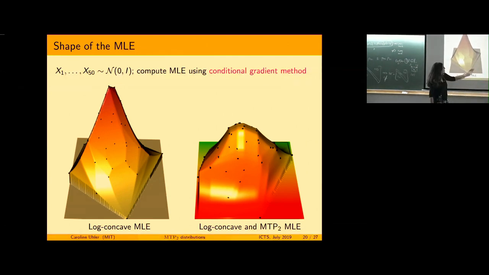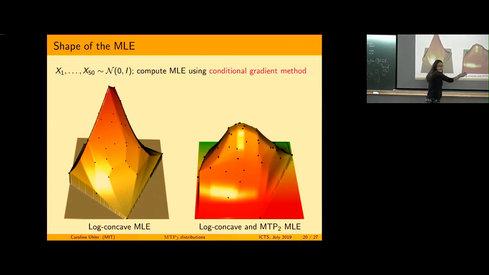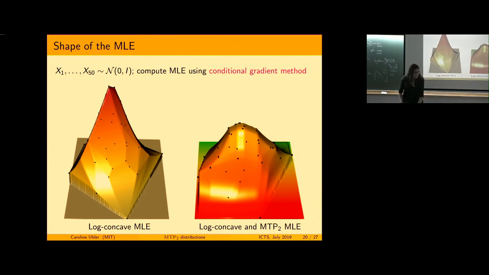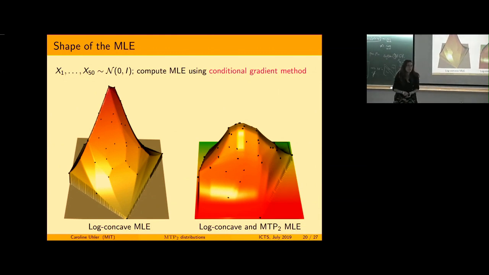Right, and this already looks very much like a Gaussian, right? So this one is definitely not like a Gaussian. Just adding the MTP2 constraint, which is super restrictive, that's true, but already with very few samples, you get a very, very nice density estimator. So you can actually do this completely non-parametrically without assuming Gaussianity or Ising models, etc.